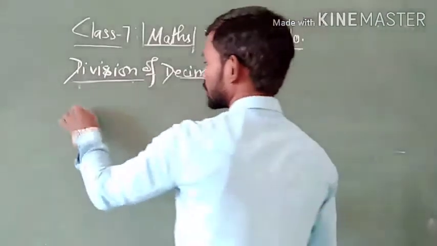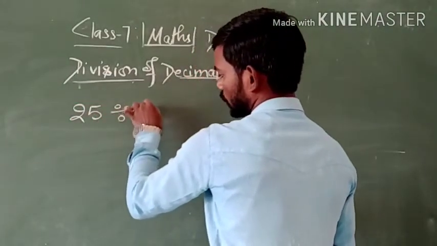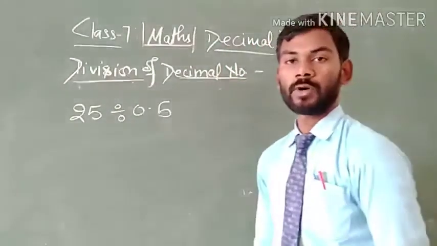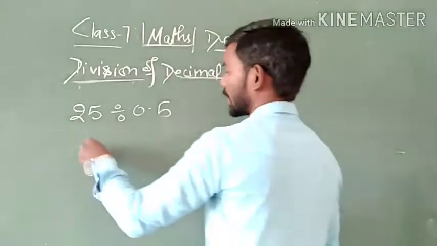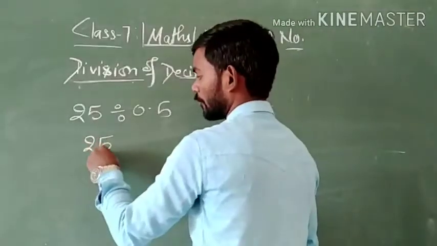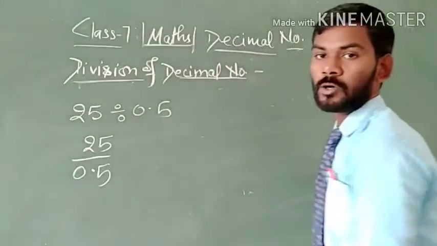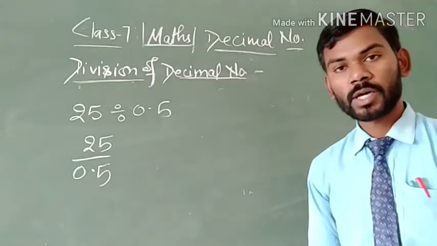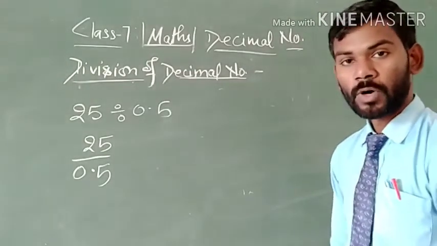Whenever we get such a type of question, 25 divided by 0.5, then what will be our procedure? So first of all, we shall write them in the form of a fraction, and now look at the denominator. You will see that the number of digits on the right side of the decimal is 1.